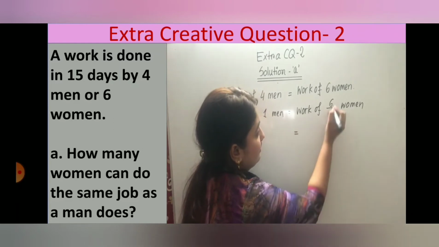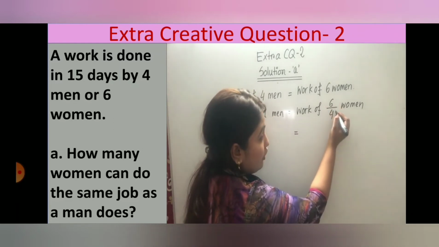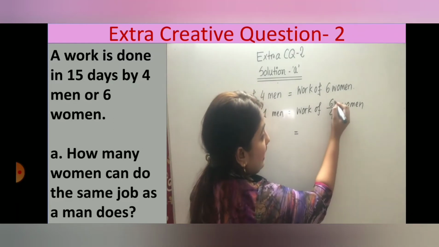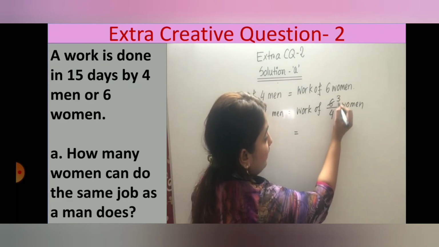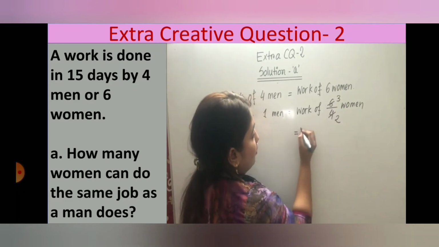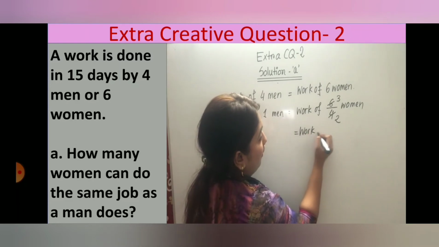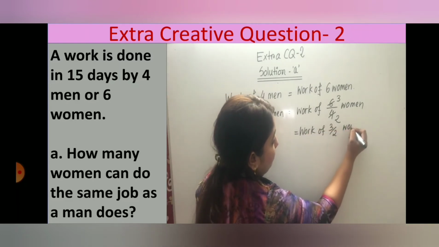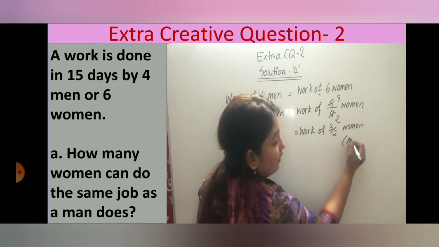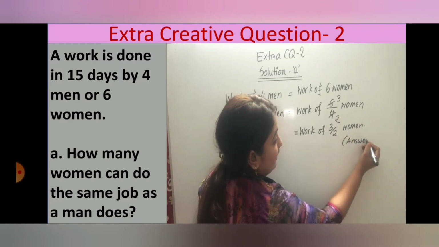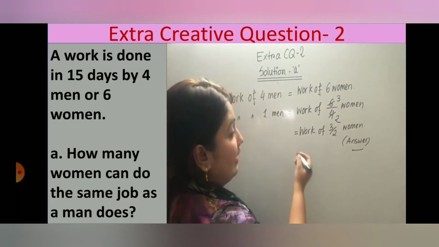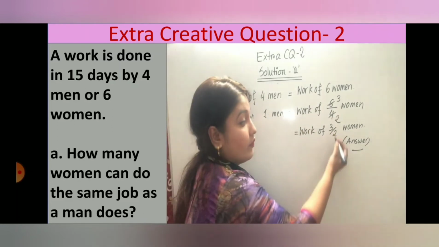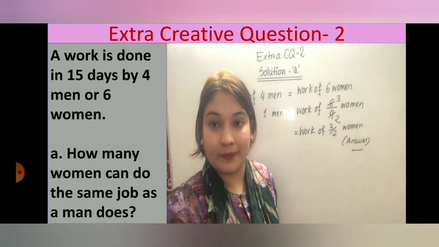We can transform it into lowest form. If you divide 6 and 4 by 2, it is 3 and 2. So it is the work of 3 by 2 women. This is our required answer. The work of a man is equal to the work of 3/2 portion of a woman.